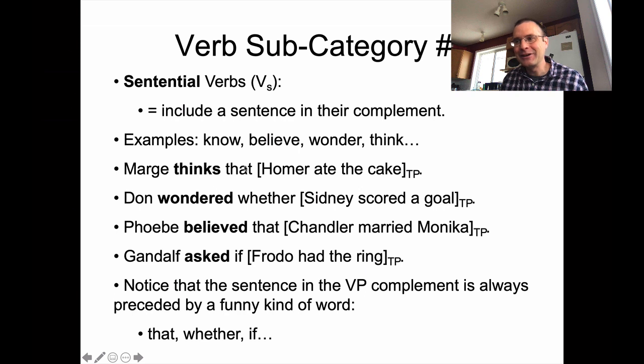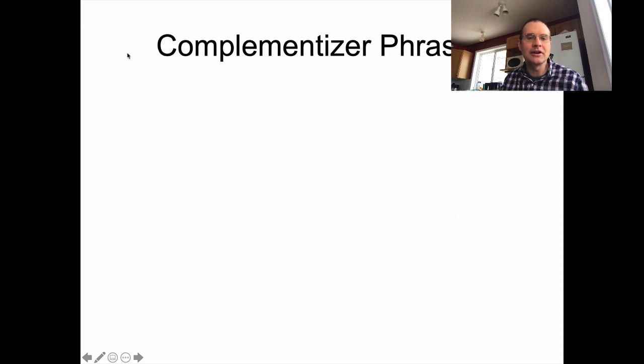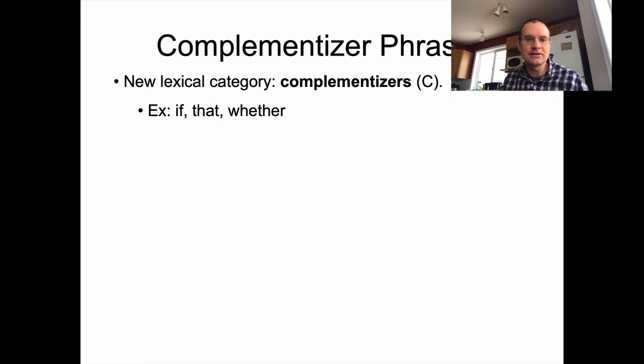You could hear it a little more explicitly if you put the two next to each other. So if you say Marge thinks that that dog ate the cake, this is a that, the other one is a that, and this one is a complementizer. It works syntactically by providing a link between an embedded clause and a larger clause in a sentence.